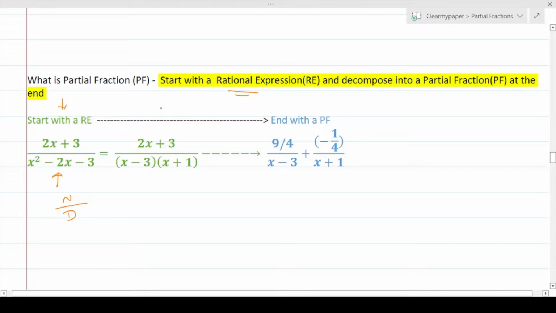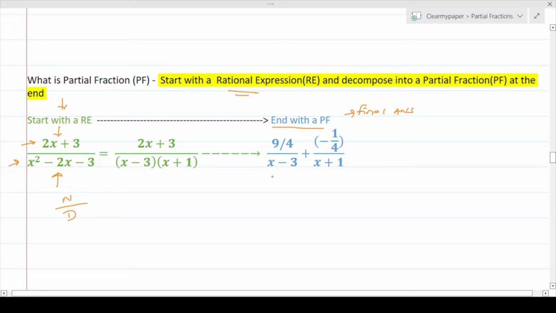So when we say decompose into partial fractions, typically we start with a rational expression in this format on the left, in green color, and we end with a partial fraction, our final answer.